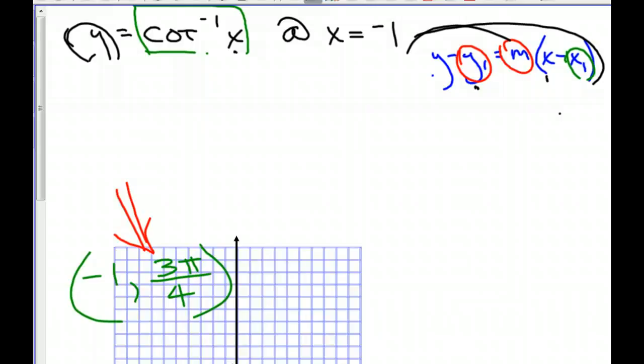So to find the slope, I have to have the derivative of my equation in order to be able to get the slope. Remember doing that?